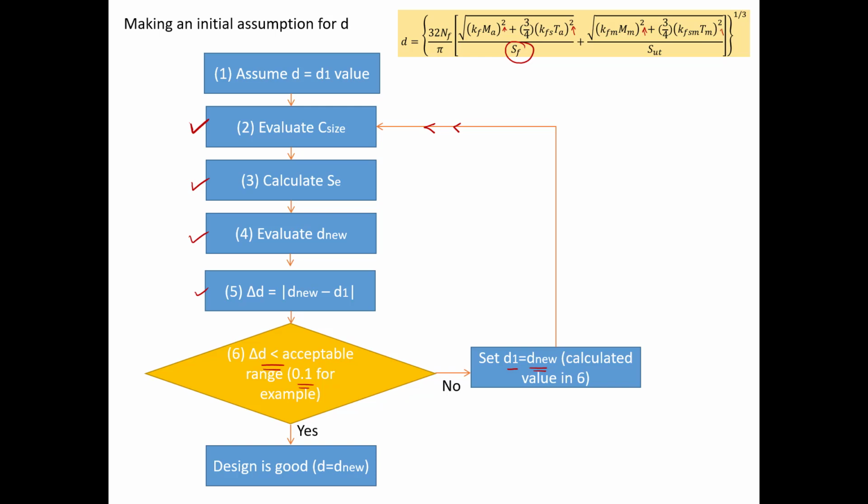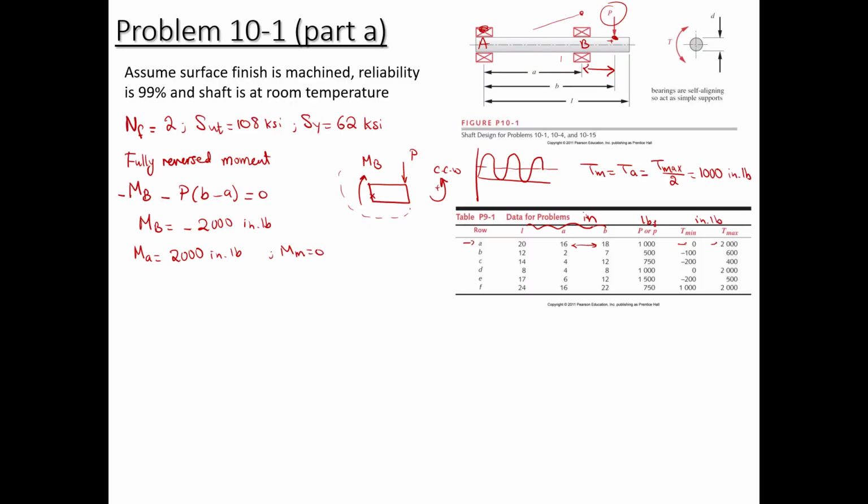Regardless of whether it's plus or minus, if I flip my moments, it's going to flip the value, and that's the maximum. After 180 degrees, this will be the minimum value. So the moment is actually fluctuating between plus and minus 2000, and that's why MA is equal to M max, which is 2000, and M mean, which is here, is equal to 0.